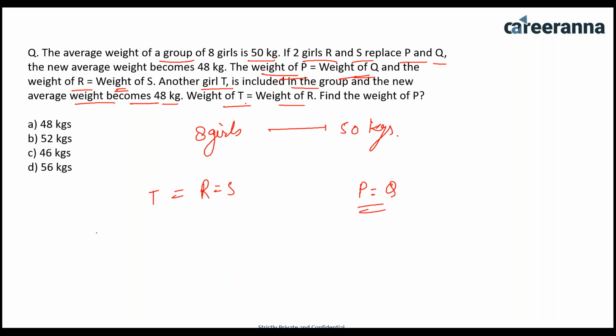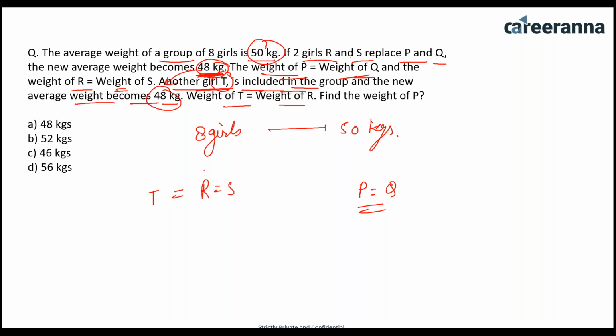Okay, so as per the question, the average weight of a group of 8 girls is 50 kg. If 2 girls R and S replace P and Q, the new average is 48. Now, it is written that another girl T is included in the group and the new average weight becomes 48. So you can see that there is no change. If I add T, there is no change.